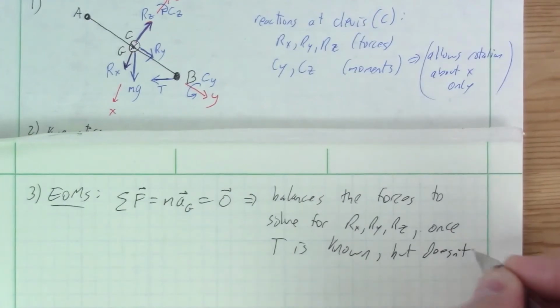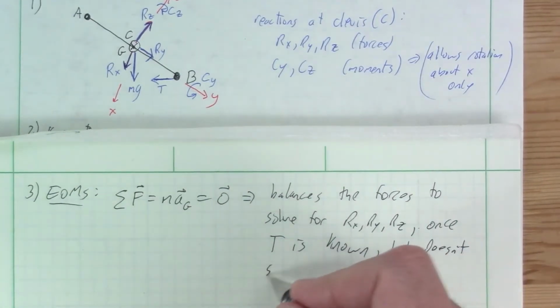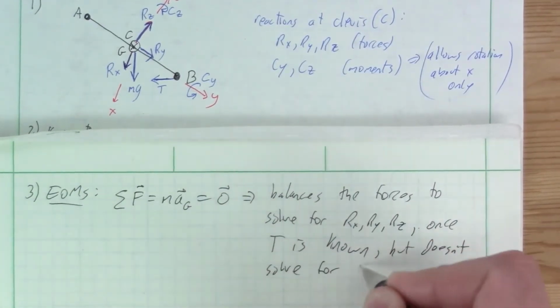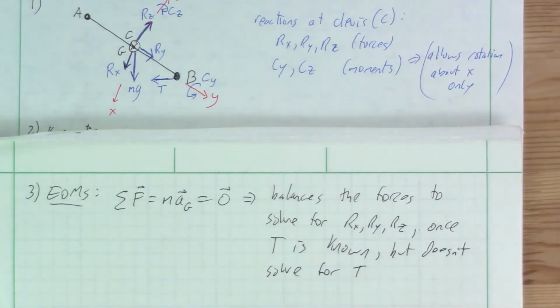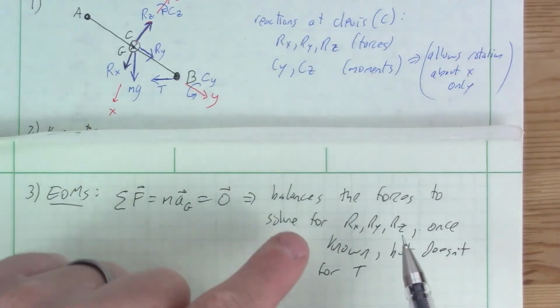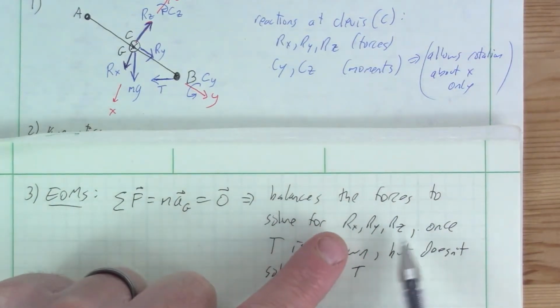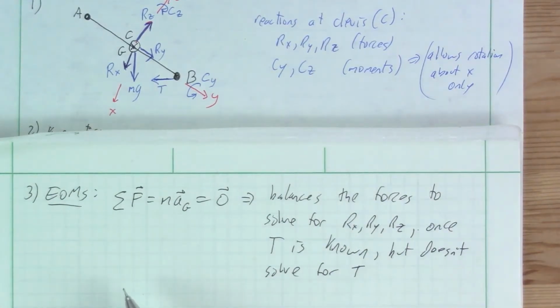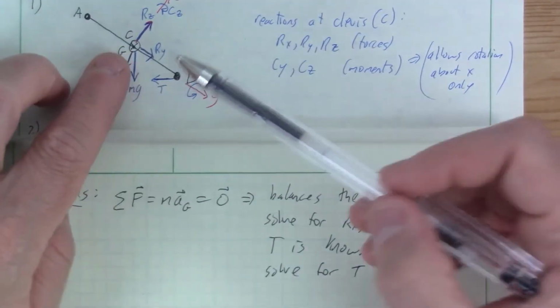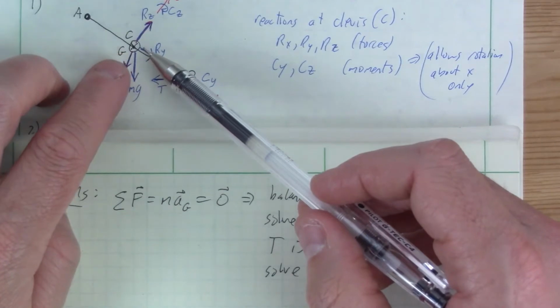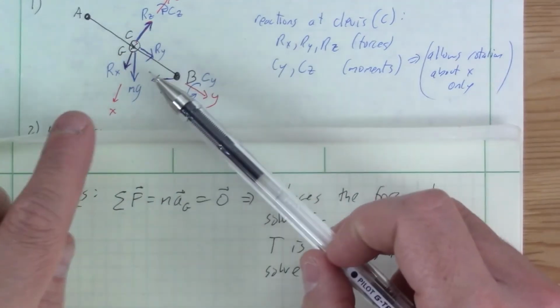help solve for T. Okay, so what we're going to do is move into the moment equations and just know that this is there as a tool if we need it, but we're expecting this not to help. It might show up later that we need these relationships because these reactions show up in our moment equations. But going into it, if we choose this point to do the moments about, then none of the reactions contribute to that, right?